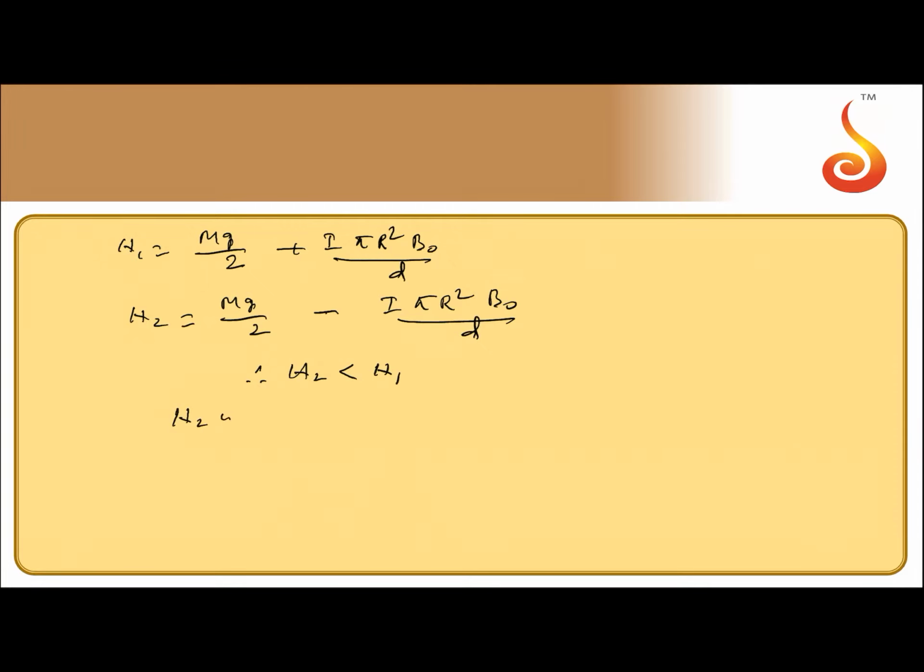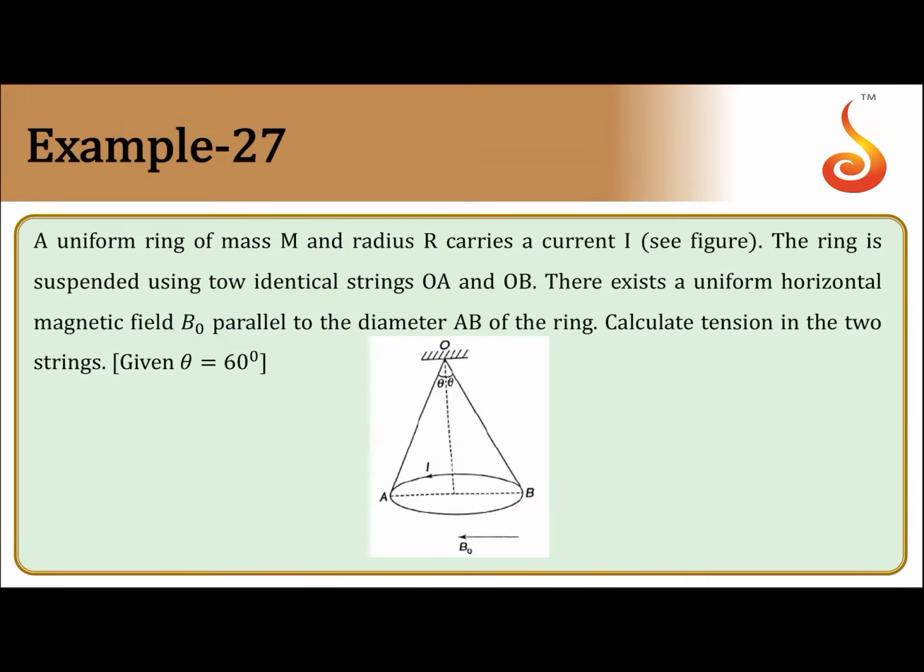So N2 will be 0 if I into pi r square B naught by d is equal to mg by 2. So therefore I is equal to mgd by 2 pi r square B naught. This is the required answer.